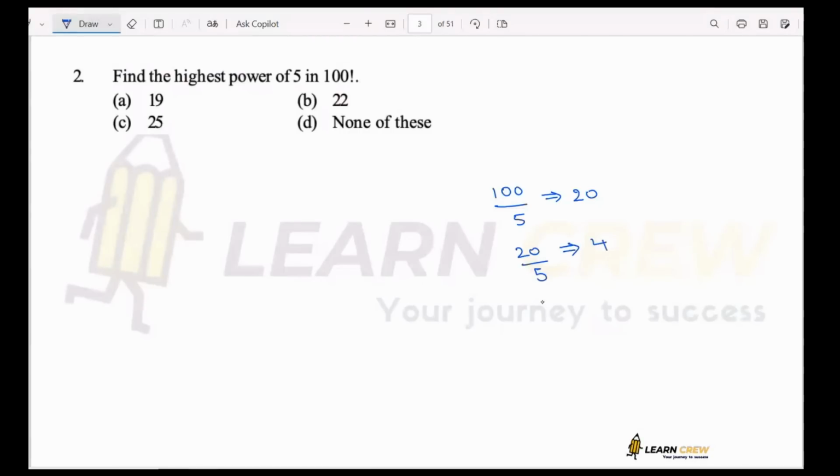Again divide this integral quotient by 5. You will get the integral quotient 0. Yes or no? Repeat the procedure of dividing like that till you get the integral quotient 0, and your answer would be the sum of all the integral quotients. 20 plus 4. What is the answer? 24. So answer is none of these.